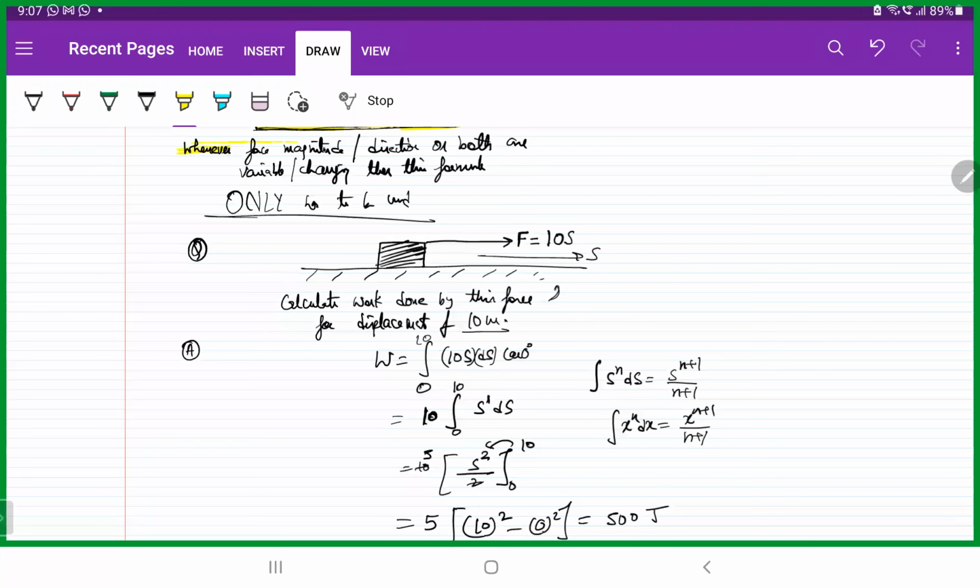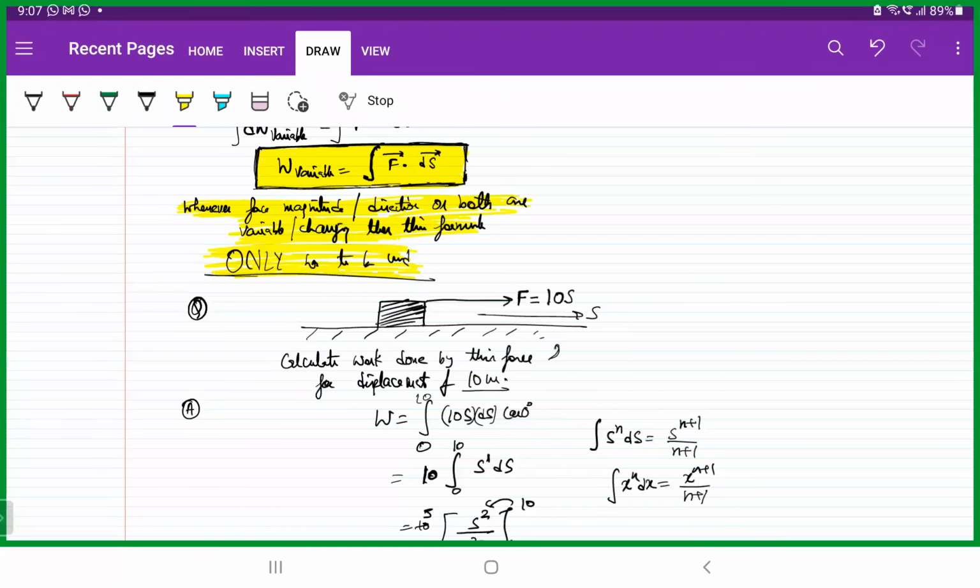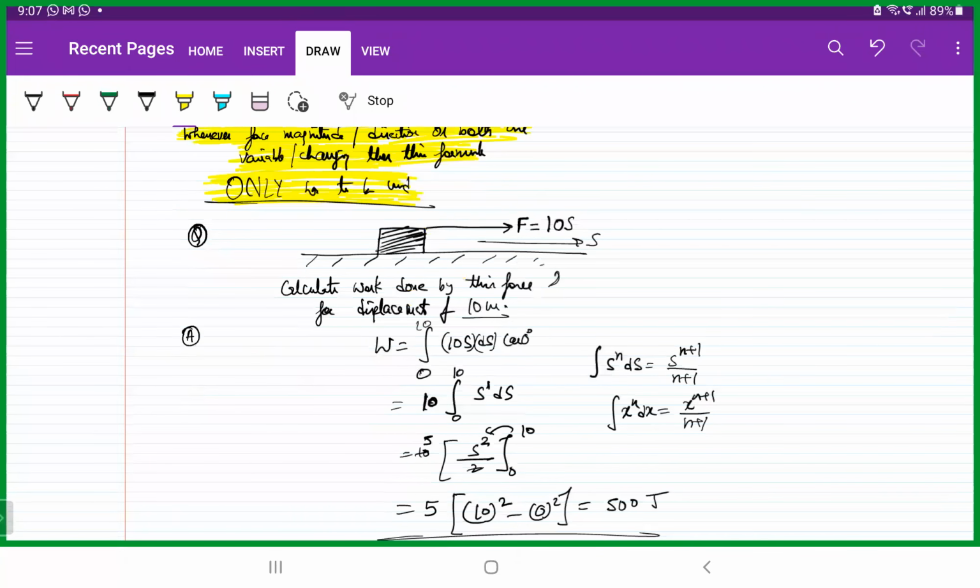Whenever force magnitude or direction or both are variable, only this formula has to be used. We should not use the constant force formula. We have to use the calculus formula. Okay. Any doubt in this?